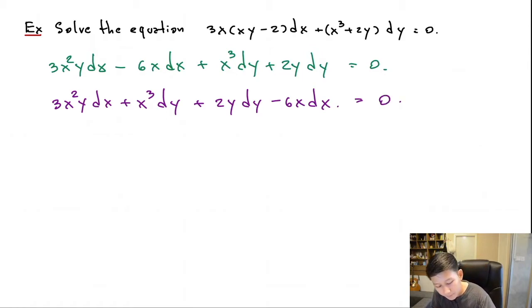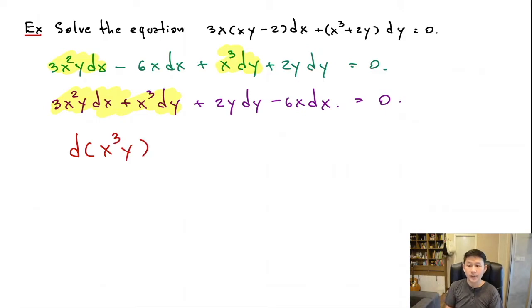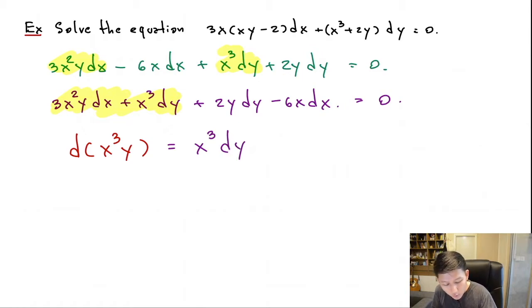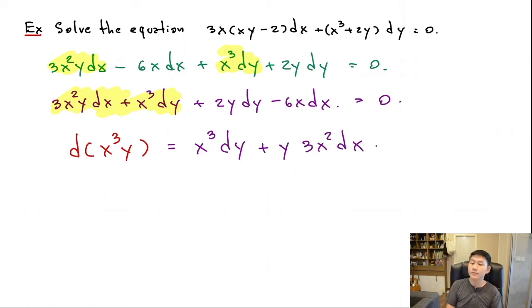And guys, if you observe this part, which is from here and here, right? This guy is actually d of x cubed y. Make sense? Why? Because d of x cubed y is x cubed dy plus y times 3x squared dx. Make sense?